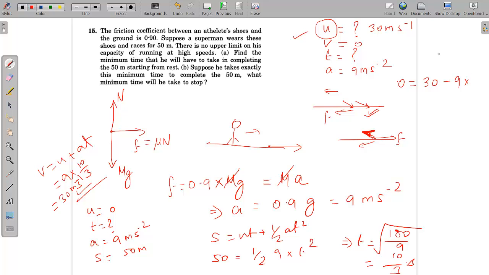You have to take the retardation as negative acceleration. So the same answer you are going to get. So t is equal to 10 by 3 seconds. Again he will take 10 by 3 seconds to stop himself.